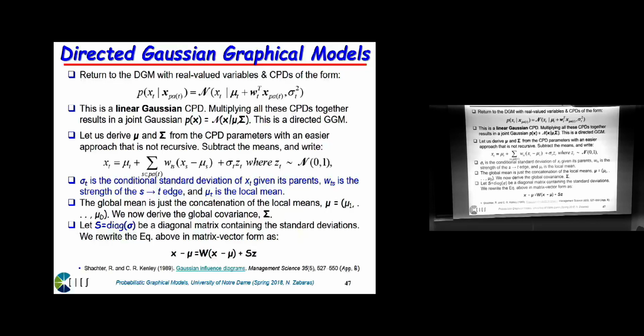So what he does is the following. You remember our original equation that I had before, right? X t equals mu t plus, what have I done here? Actually, the only thing I have done is I subtracted the mean from the values of each node.